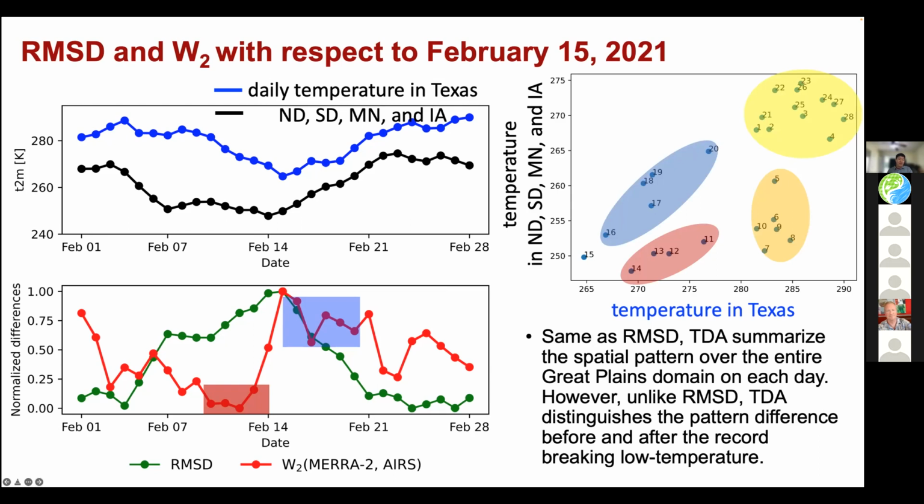So there are 4 days from the 11th through the 14th grouped together, and these 5 days between the 16th and the 20th of February are grouped together. And let's check the difference in actual temperature maps between these two groups.